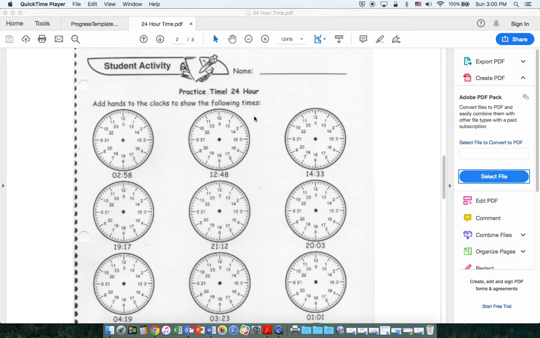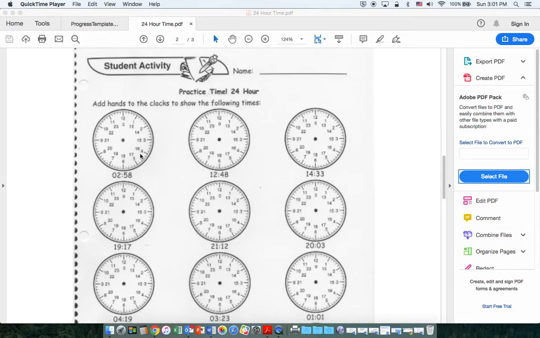Also, hospitals have used it, airports use it. You'll see a time up there, it's often a 24-hour time. And the most common place I've seen it used is in countries. So in Europe, like the United Kingdom, most of their clocks are in 24-hour time, not 12-hour time, AM and PM.